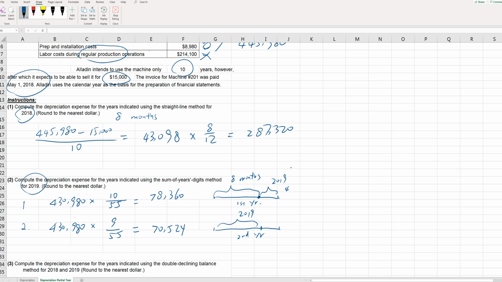So 2019 depreciation is going to be the 4 months from the first year depreciation plus 8 months from the second year depreciation. If you add them together, that's going to be the 2019 depreciation. Okay.